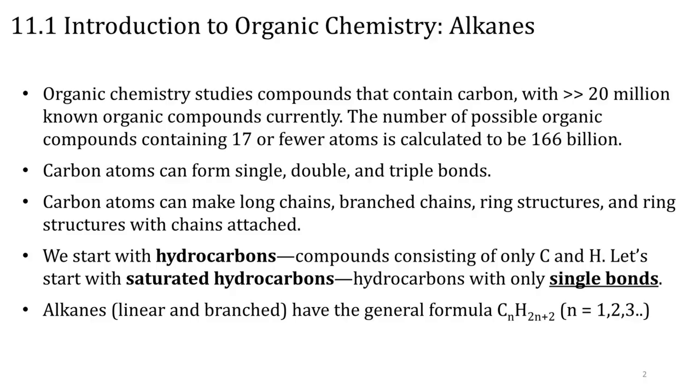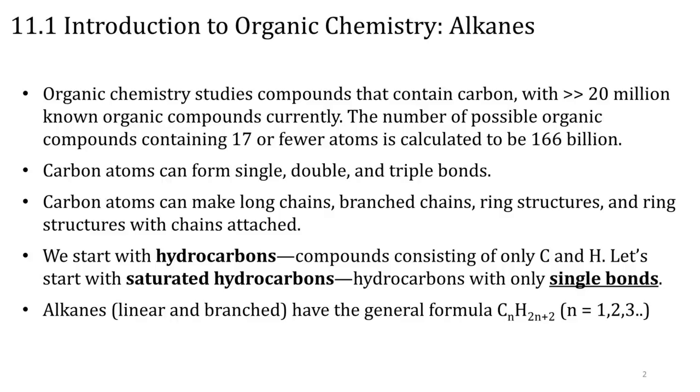As we saw in our last chapter, carbon atoms form four total bonds, and the individual bonds tend to be single, double, or triple bonds. Carbon atoms can make long chains, branched chains, ring structures, and multiple fused ring structures with chains attached to them, and so forth. We'll take a look at all of these different types of systems over the next couple of chapters.